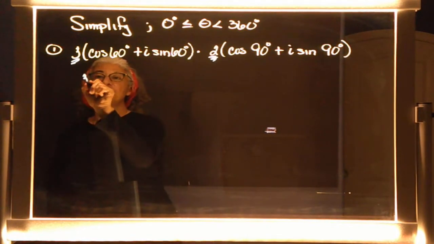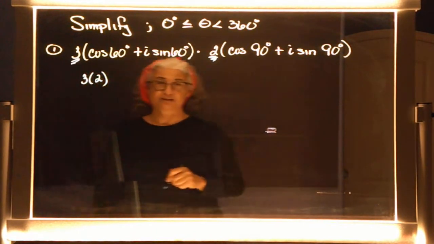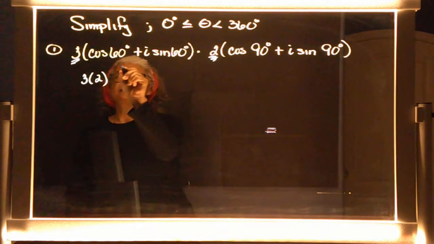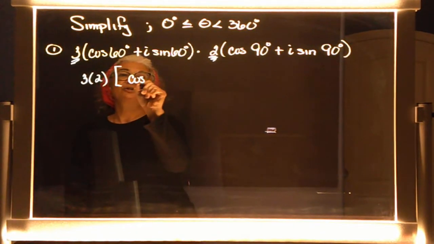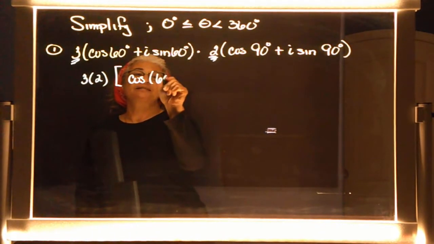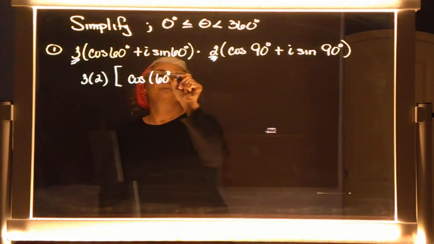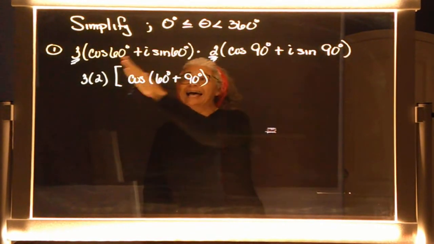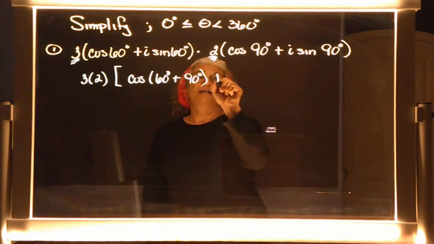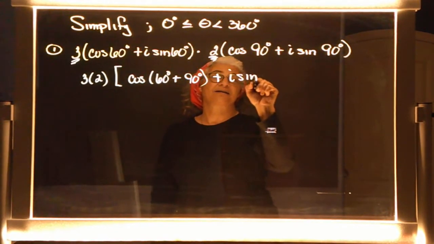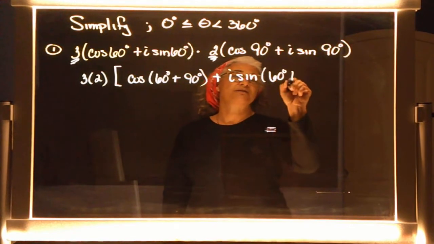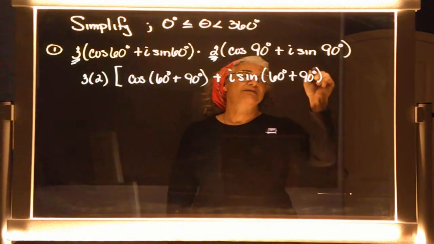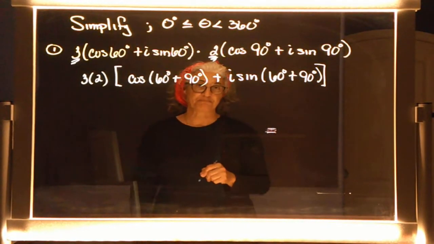So first thing you're going to do is 3 times 2, right? And then we are going to take the cosine of 60 degrees plus the 90 degrees, because that's what the theorem says to do. Add the two angle measurements. And then plus I sine of 60 degrees plus 90 degrees. Same thing. Are you with me?